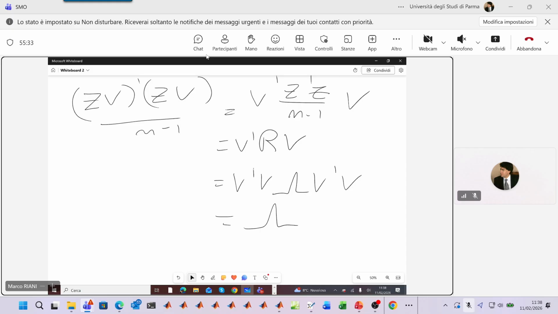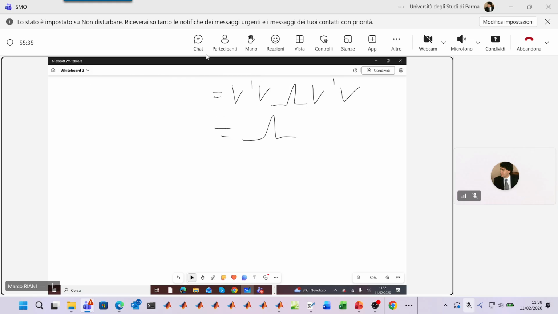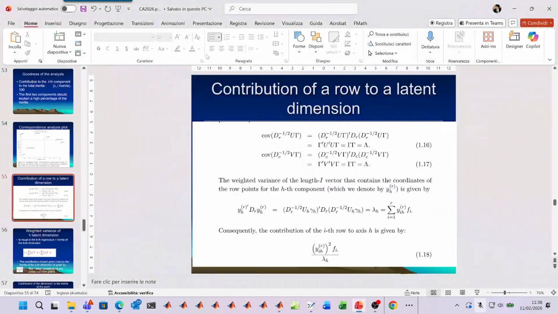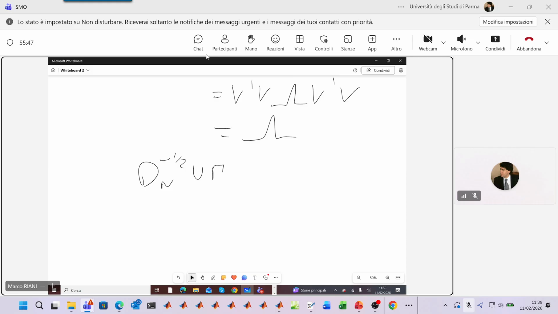Now, here you have the coordinates, and the coordinates are D_r to the minus 1 alpha U gamma. These are the coordinates. What is the covariance matrix here? Covariance matrix of this thing, but covariance matrix weighted.